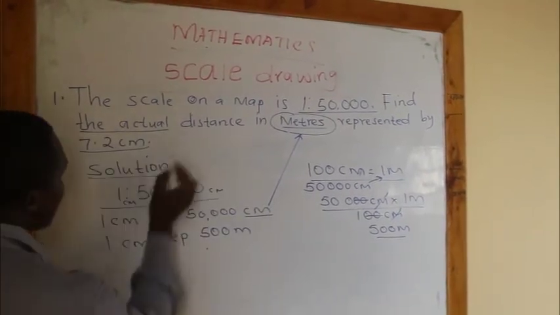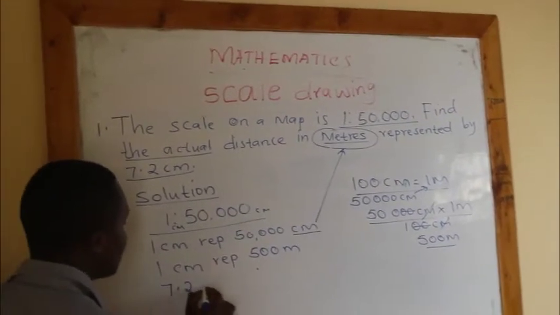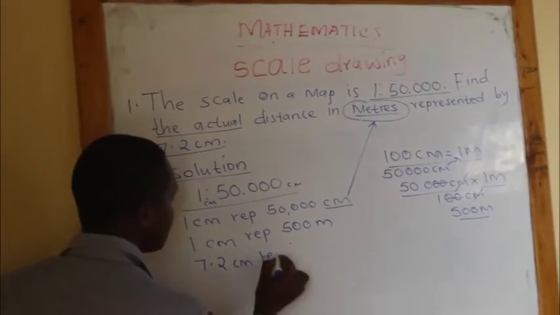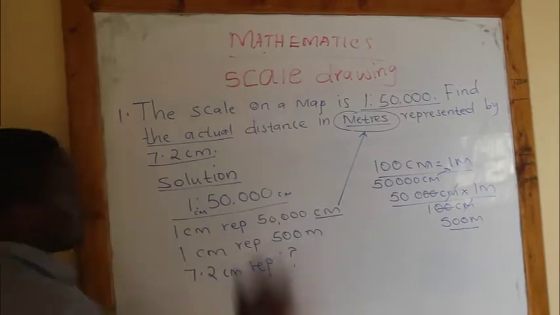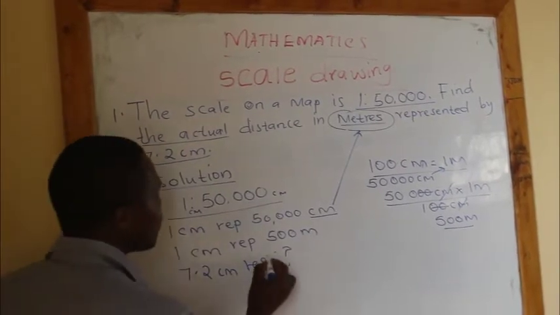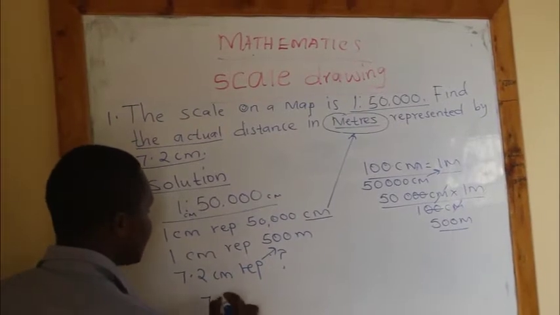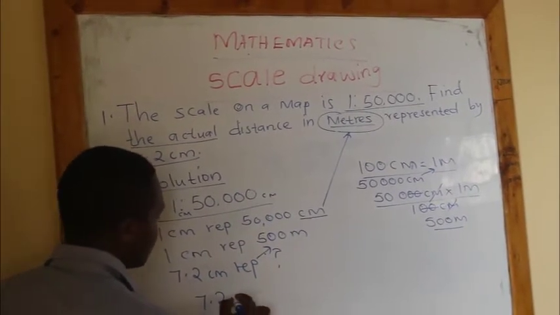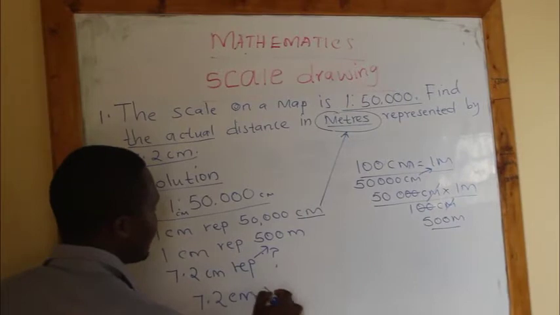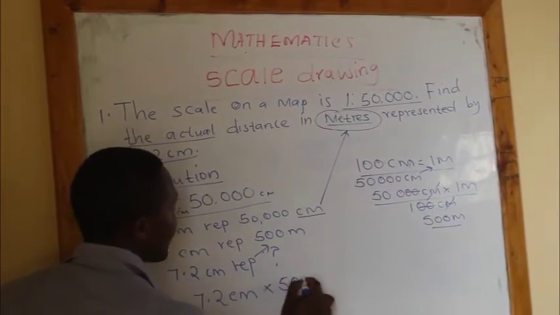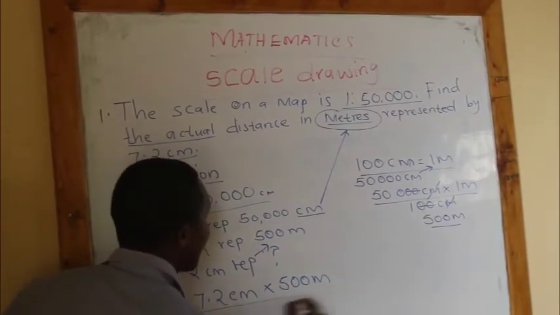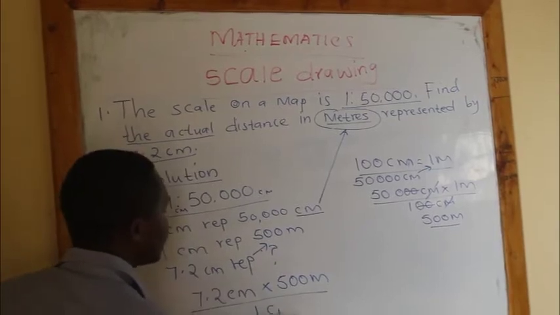What about if I draw 7.2 centimeters? What does it represent? That's the question. So now you cross multiply. In this case, it's going to be 7.2 centimeters, then you multiply by 500 meters, then I'll divide by 1 centimeter.